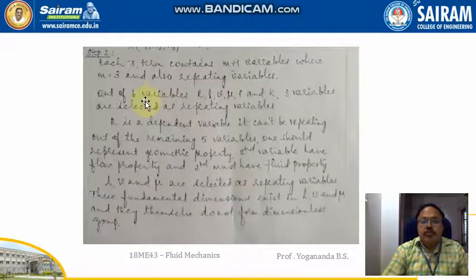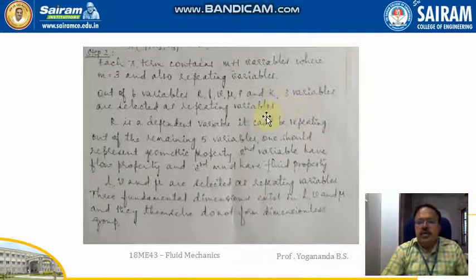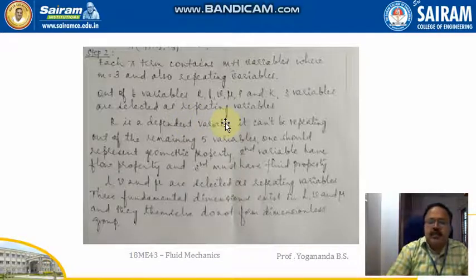Then step 2: each pi term contains m plus 1 variables, where m is equal to 3, and also one repeating variable. Out of the 6 variables listed earlier, there will be 3 variables that we select as the repeating variables. How to select the repeating variables?